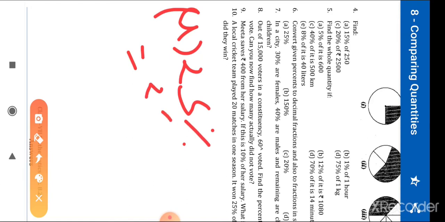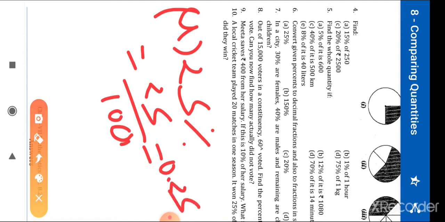So the first part is 25%. 25% means 25 divided by 100. In decimal form we can write it as 0.25. So it is the decimal form of 25%. In the second part we have to reduce this percentage into fraction form.